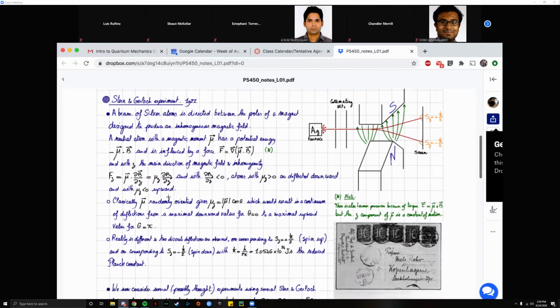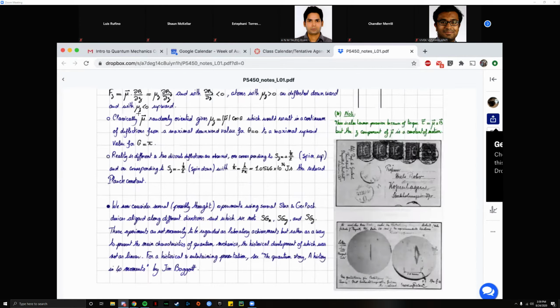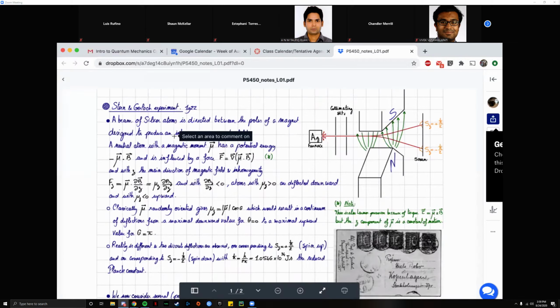So now you have to place yourself in the mind of Stern or Gerlach. In 1905, you have to realize, Einstein published one of the three important articles that he published, which was about Brownian motion.